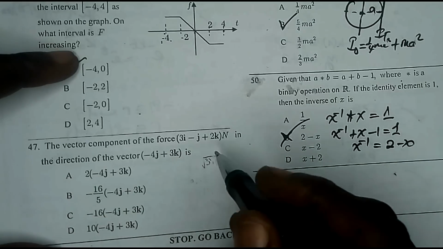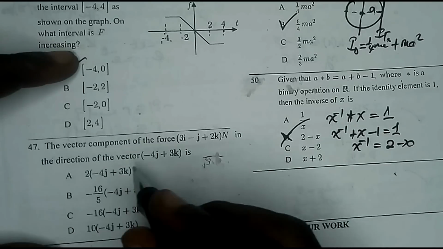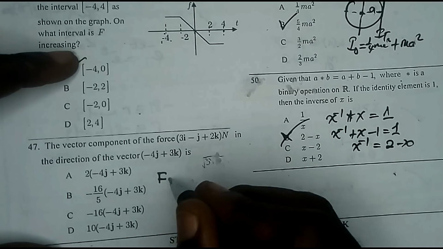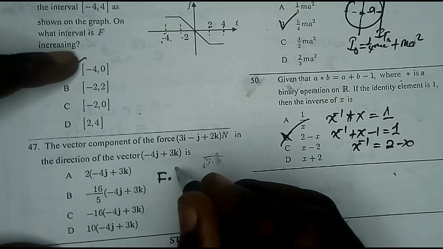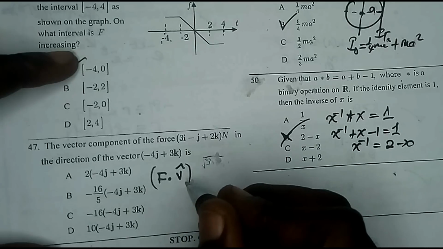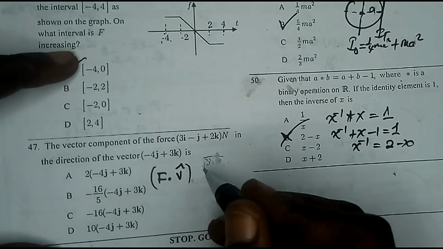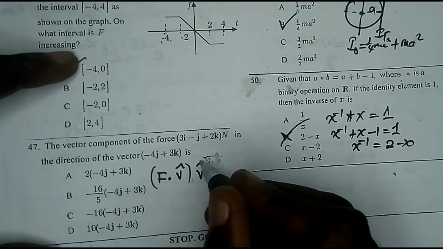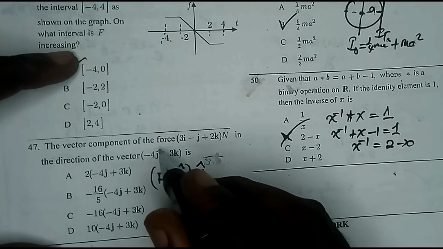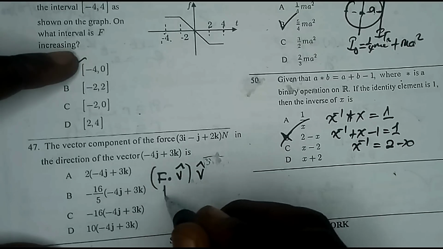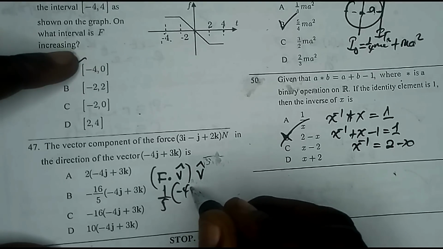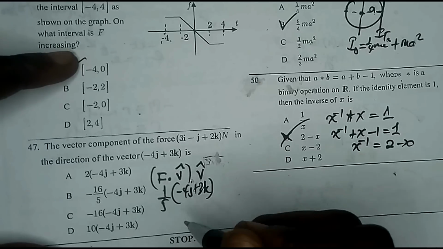A vector component of the force this in the direction of this. Usually it is given by f dot the unit vector in the direction of that vector. This gives the component of the force, but if we want the vector component, I have to multiply again by the unit vector. And so I'll be talking of the unit vector of this being that vector over the magnitude, 1/5 into -4j plus 3k.